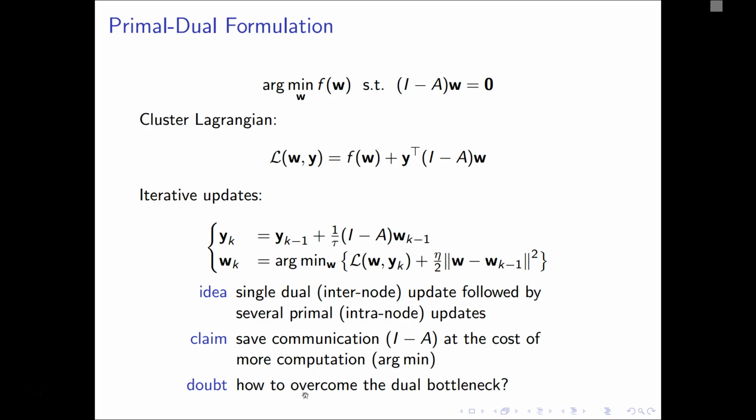So this thing, if you look at it, is a Lagrangian where you have the fixed dual variable, and you add a proximal term where you control the distance from your current point to the last point. And the regularization parameter is this eta over 2. So the idea here is simple.